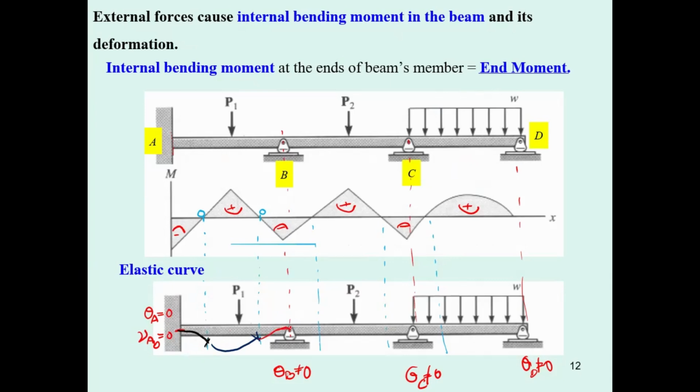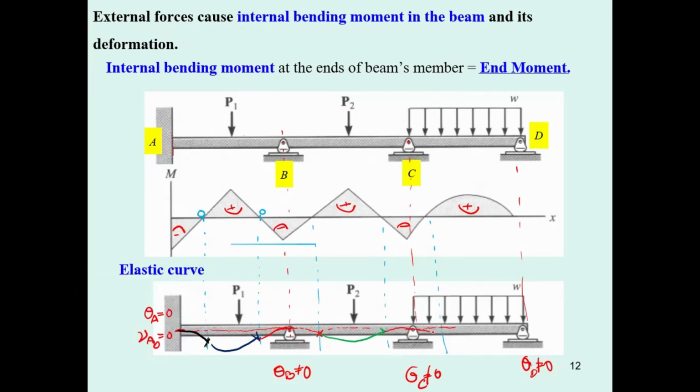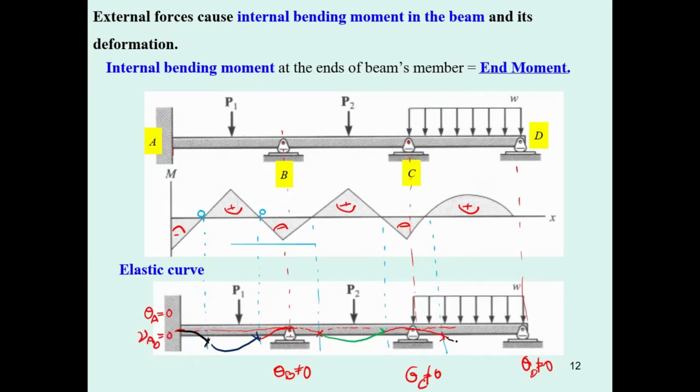When you draw it, please put in the reference line, passing through the neutral axis of the beam. You have to put it over there. And then you may put it concave upward, and then concave downward. Finally, you will get this one to be concave upward.